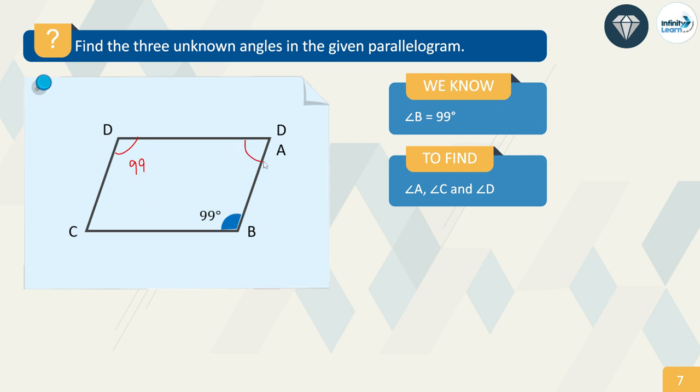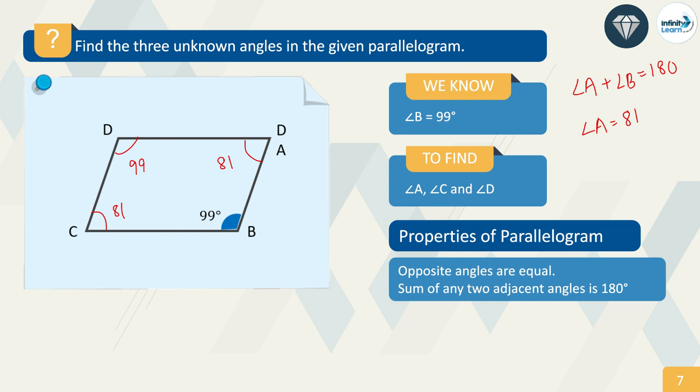Adjacent angle sum is supplementary, so angle A plus angle B is 180 degrees. That is 180 minus 99. Therefore, angle A is 81. If angle A is 81, opposite angles are equal, so angle C is also 81. Is it clear to you?